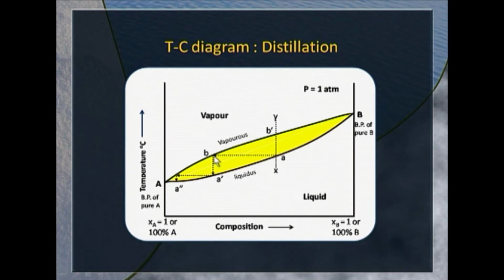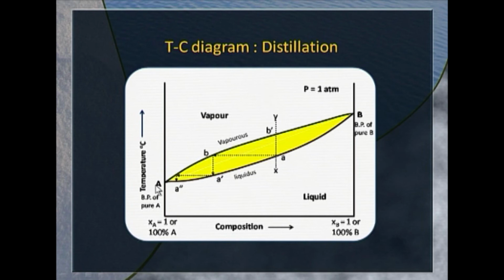and if you condense this vapor, you get a liquid of this composition which has become richer in A, and vapors that are emerging out from this liquid, if you heat it, will give you the vapors which are still richer in A, and a series of these steps, vaporization and condensation, will ultimately lead you to pure A. So, it is possible to bring about distillation in a stepwise manner.